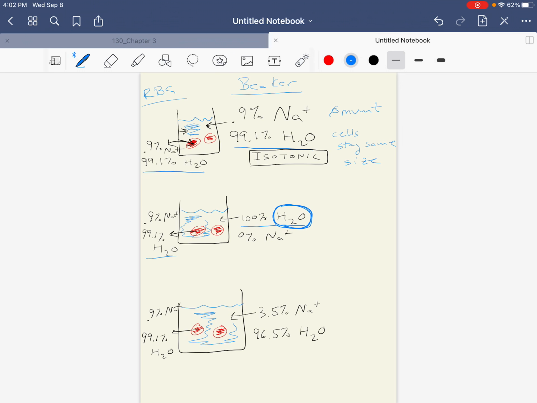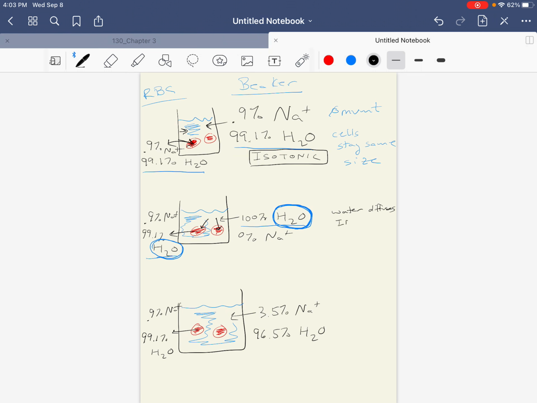So if a cell is going to change shape, it will be because of the movement of water, because there's so much of it. Let's look at water. Here we have 99.1% inside the cell. Here we have 100%. So how is water going to move? It's going to move from high to low. Water is going to move from higher concentration here to lower concentration here.